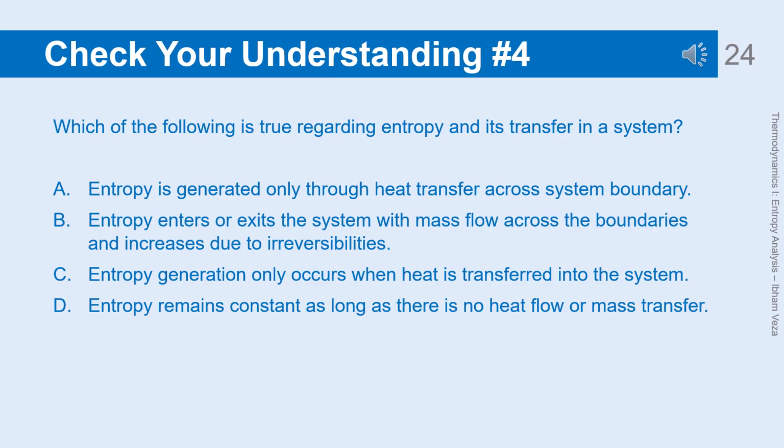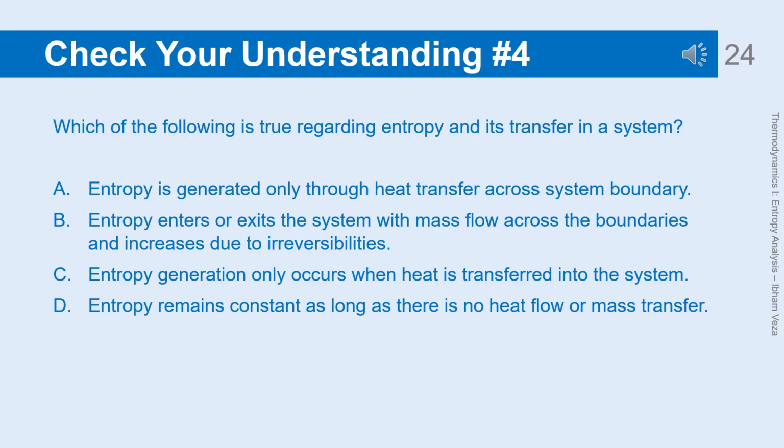B. Entropy enters or exits the system with mass flow across the boundaries and increases due to irreversibilities. This is the correct answer because entropy does enter and exit with mass flow, and it always increases due to irreversibilities, as described in the question.